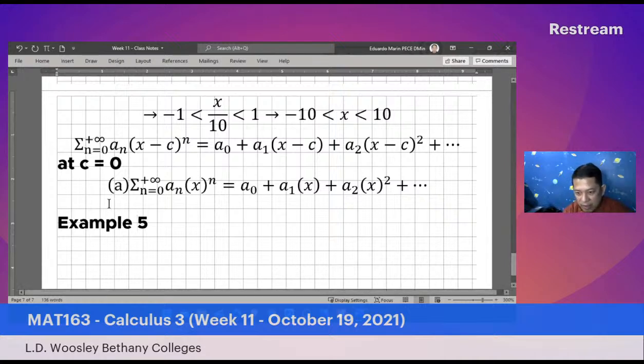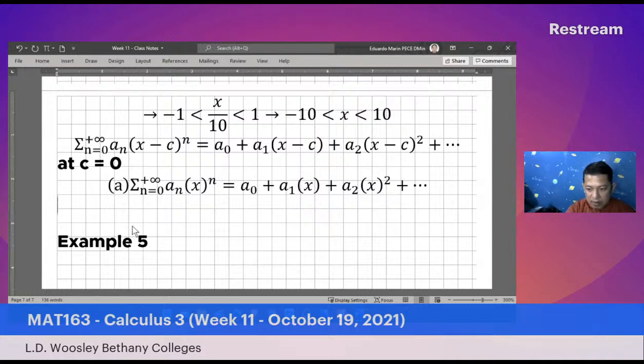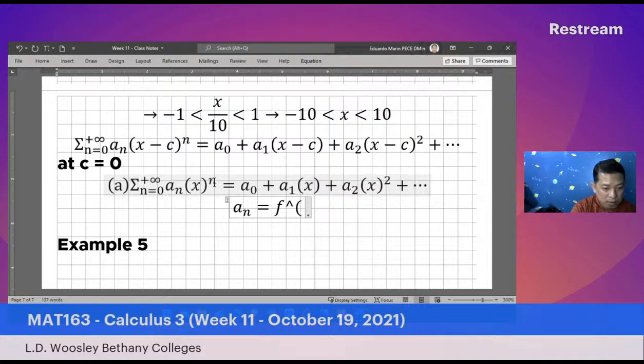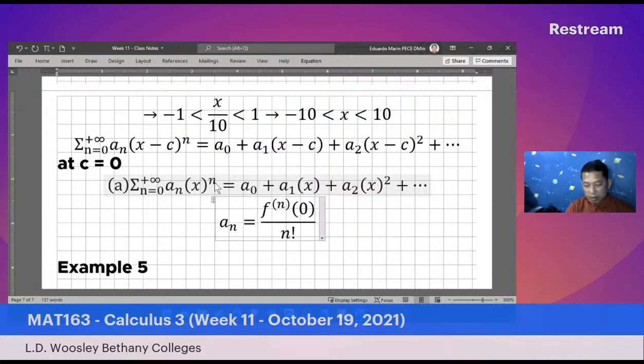Based on this definition, by the way, yung a sub n dyan is actually your f of n of 0, all over n factorial.